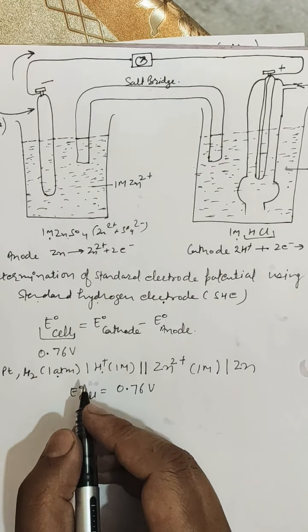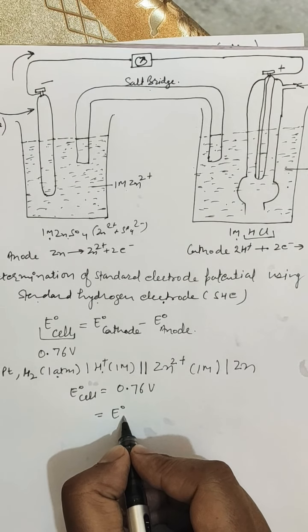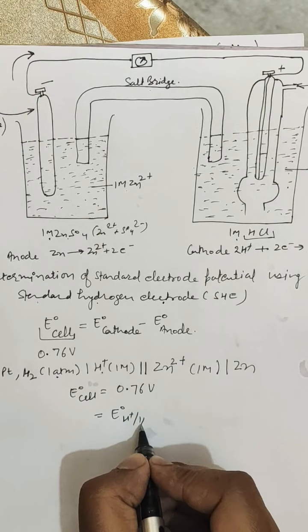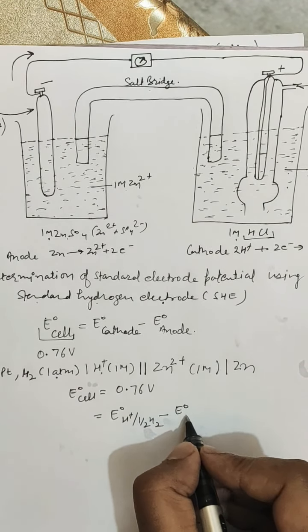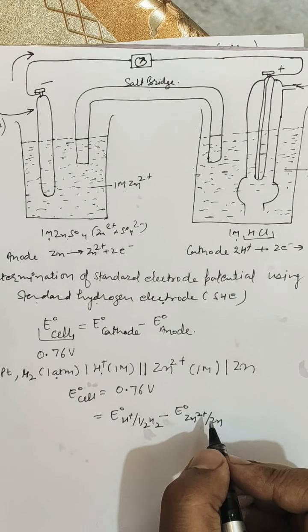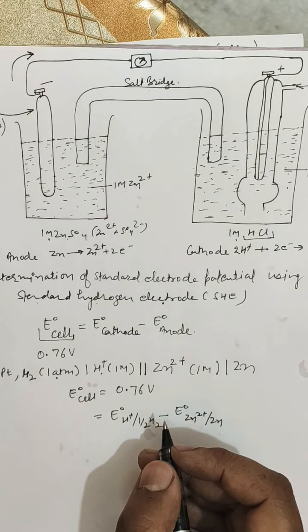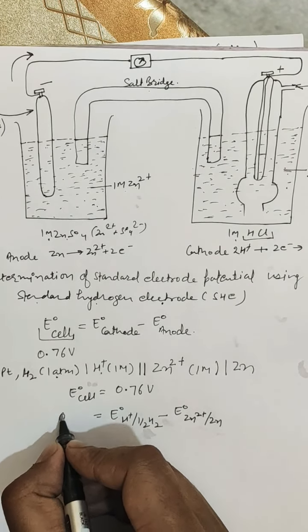So putting in the values, we may write E naught of H+ over half H2 minus E naught of Zn2+ over Zn, which is equal to 0.76.